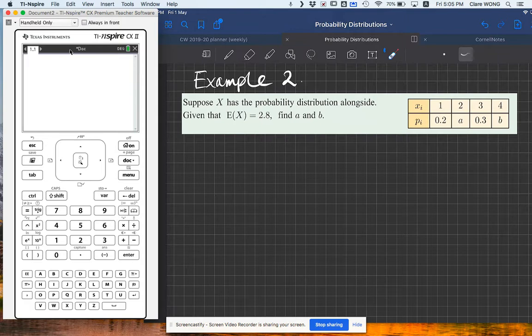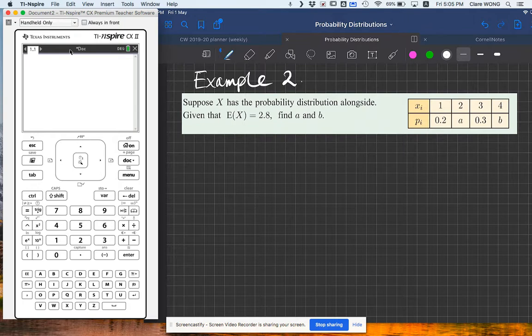Suppose X has the probability distribution alongside here. Given that the expected value, the mean, is equal to 2.8, find the value of A and B. One thing we know for sure already is that these should add up to 1. So write down what we know.